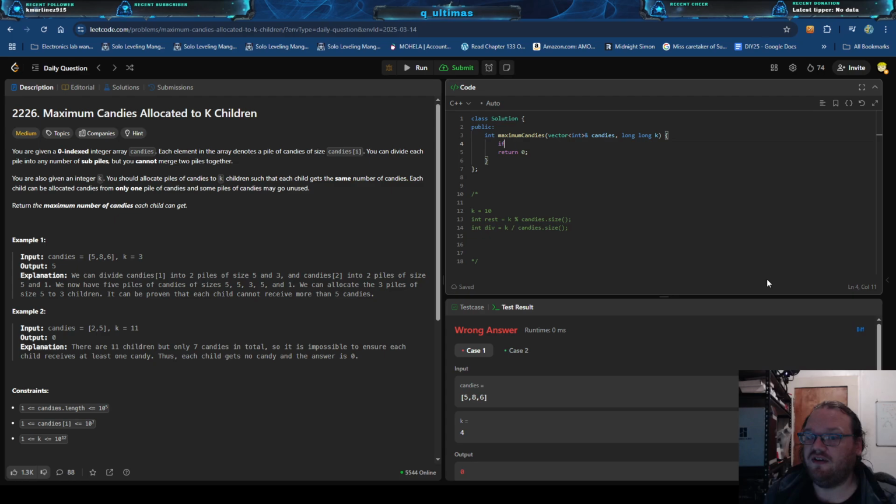So if K is less than or equal to candies.size, so there's 3 piles and 3, we just take the third value, which means we need to sort them first. Sort candies. Okay, we can just return candies of K minus 1.